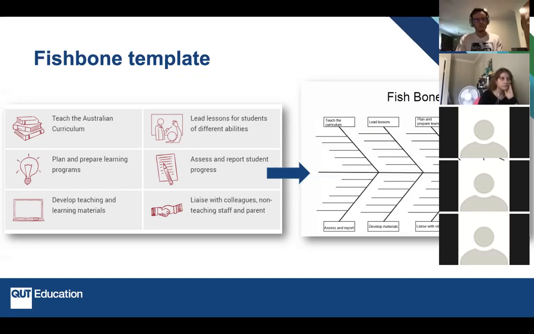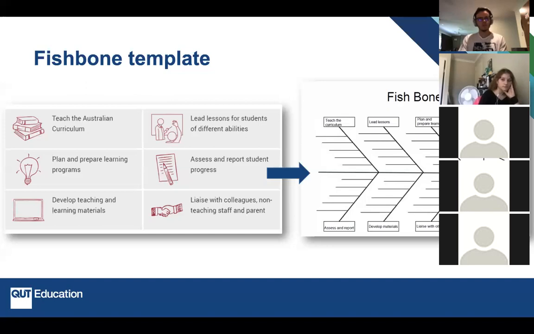Actually, I had difficulty telling the difference between develop materials and plan and prepare learning. So I wasn't sure if develop materials was like including ICT and just a range of resources to engage students. Yeah, definitely. So I guess depending on whether you're early childhood and primary or secondary, you are really thinking about how you're going to engage the students.